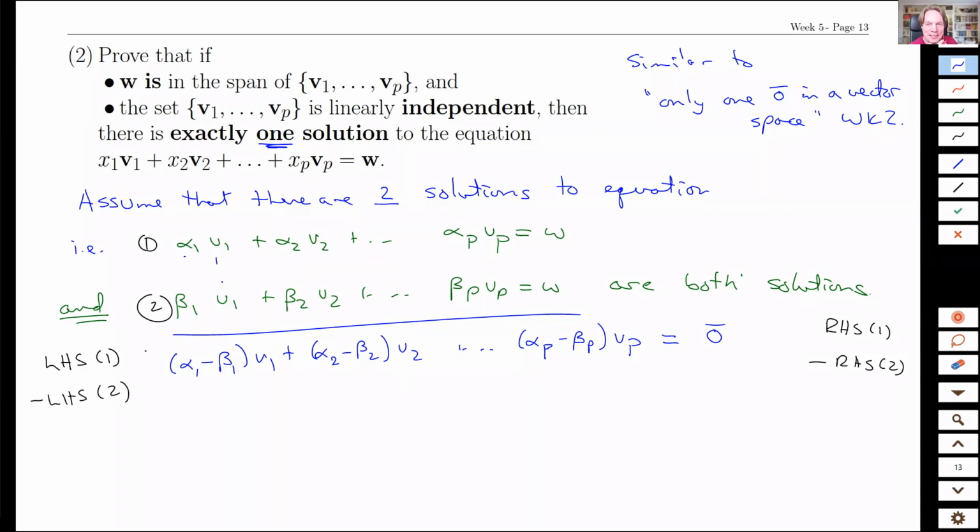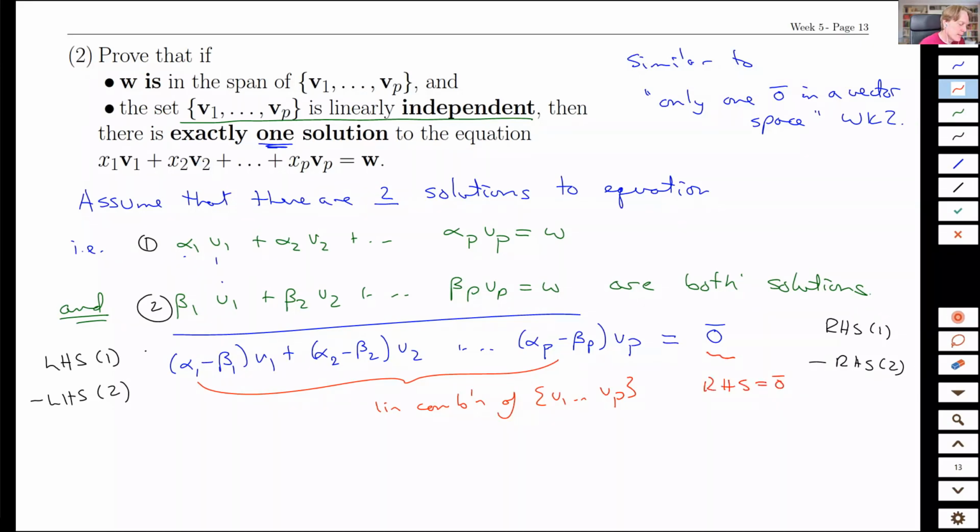Okay, now that sounds very handy because we now have an equation that ties right back to our statement about the vectors being linearly independent. We have a linear combination of V1 to VP and a right-hand side equal to the 0 vector.